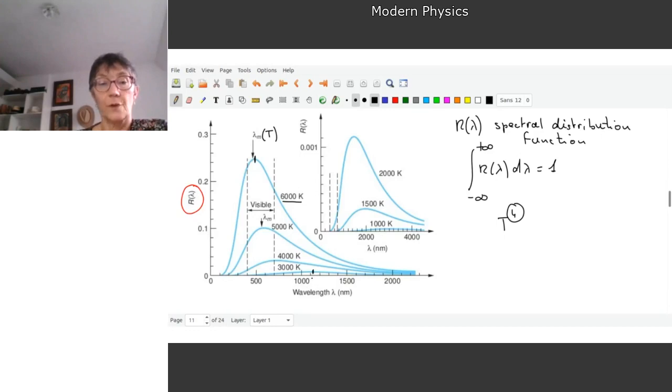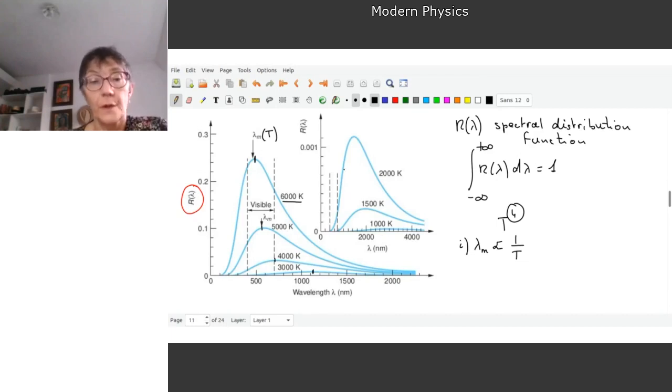As you increase the temperature, this value of lambda m decreases. This is the first observation, lambda m. You can measure it. It is directly proportional to 1 over T.